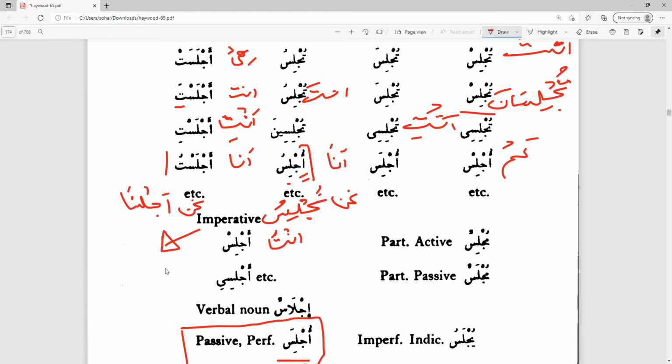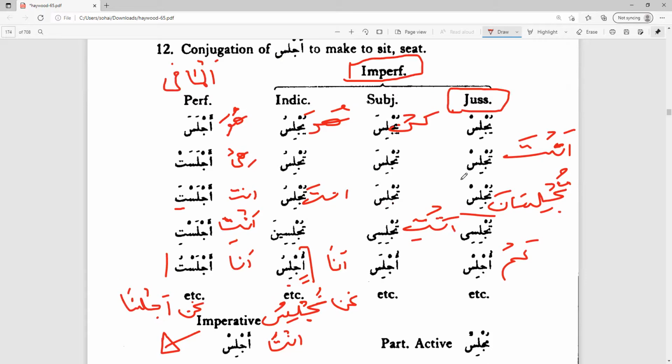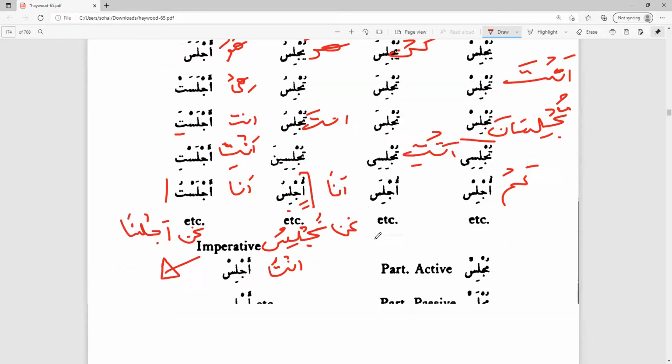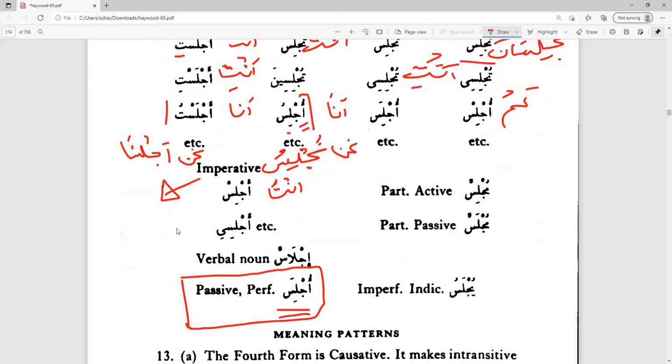even though the imperfect is yujlisu, tujlisu, ujlisu, yujlisu, originally it was yuajlisu, because there was an additional alif in the past.